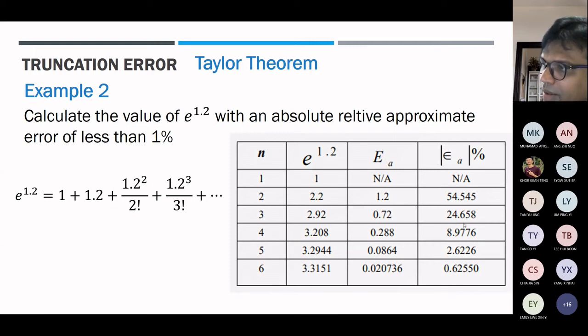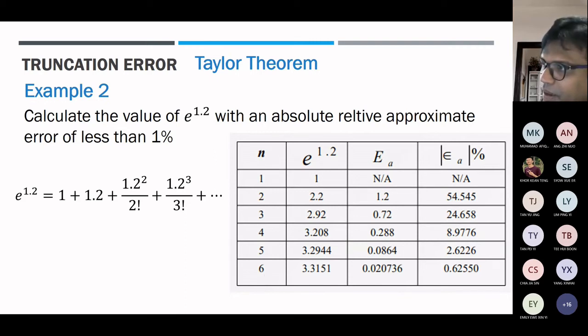As the terms increase the error reduces, until n equals 6, where the absolute error is only 0.625. That means it is more accurate as the terms increase. This is the best way I can show how accuracy improves as the number of terms increases.